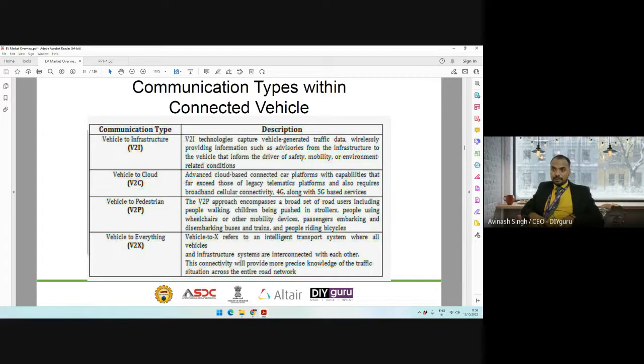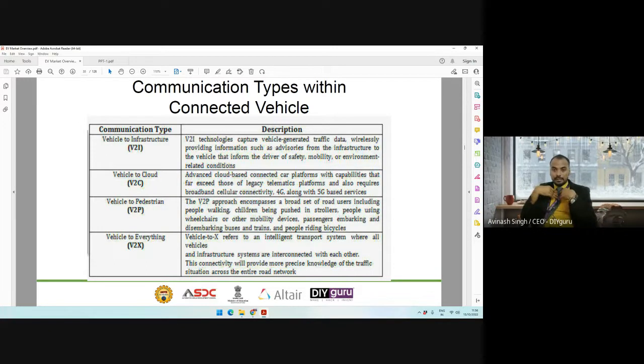Let's say I'm going from this place to Hyderabad. Now, if I'm driving to Hyderabad, and the central server where all the data is transmitted has analyzed that this is 400 kilometers, and my vehicle battery is going to die out after 250 kilometers.